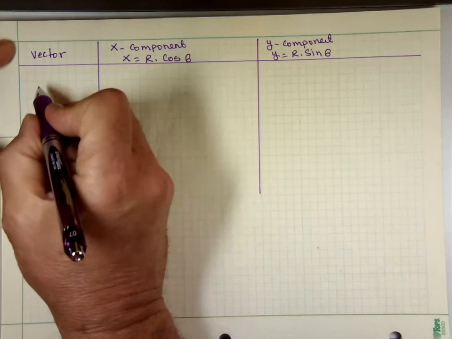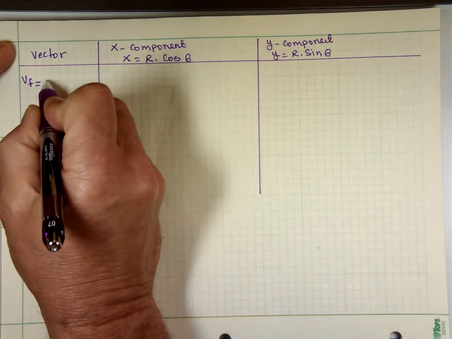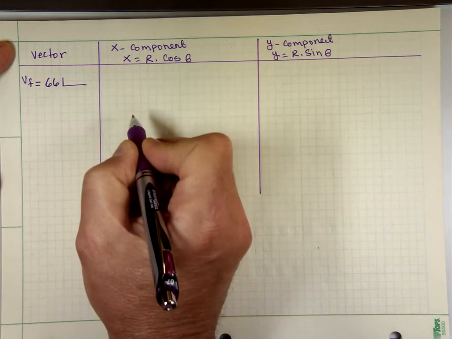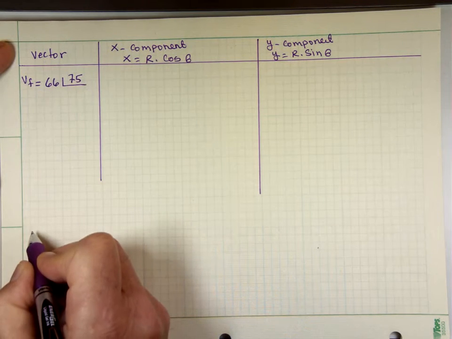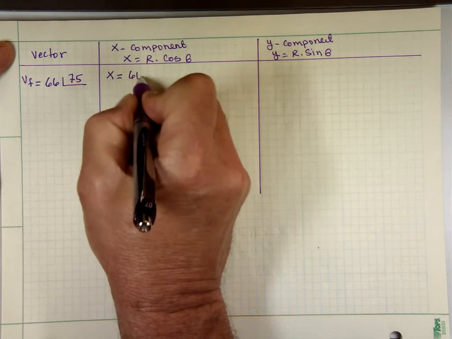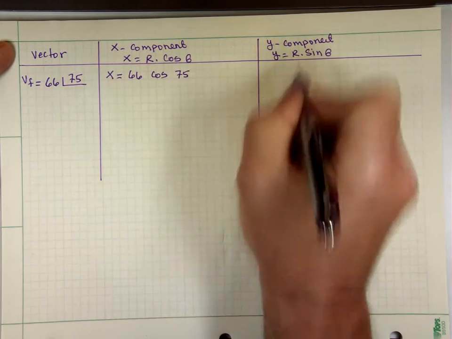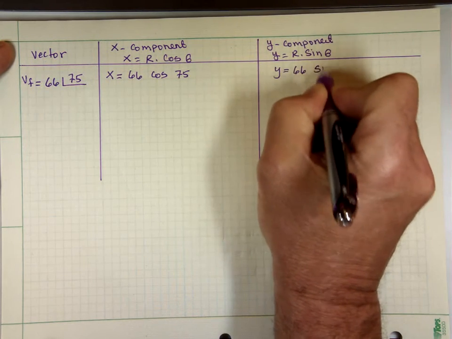So vector VF here, which is what? 66, what was the angle? 75. So the x value for that is 66 cosine the 75. And the y value is going to be what? 66 sine the 75.